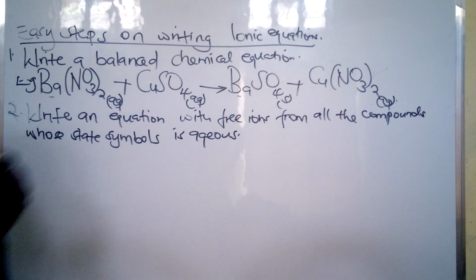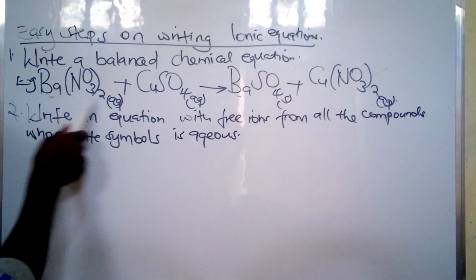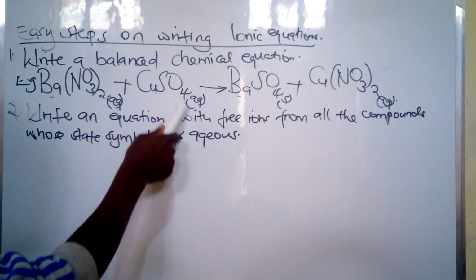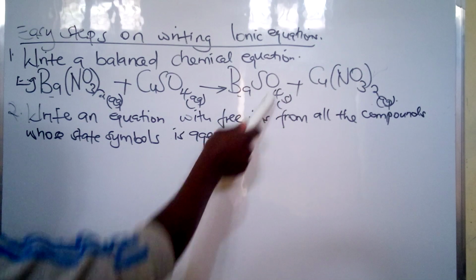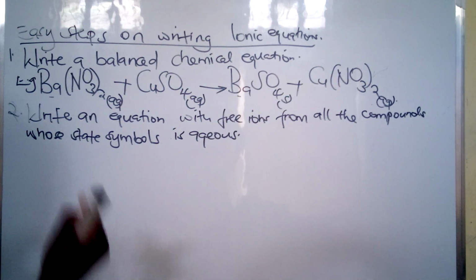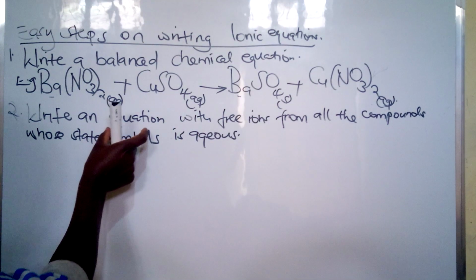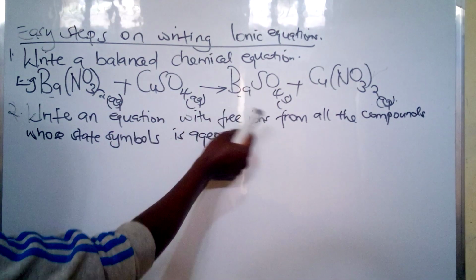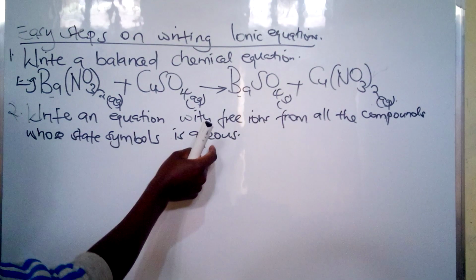This means that the only ions that can be separated is for the compounds that have an aqueous state. So for example, barium sulfate, because it is solid, you cannot separate the ions, whether they are in liquids, in solid or in gaseous, you cannot separate them. But we only separate or write equations with free ions that have state symbols which are aqueous.